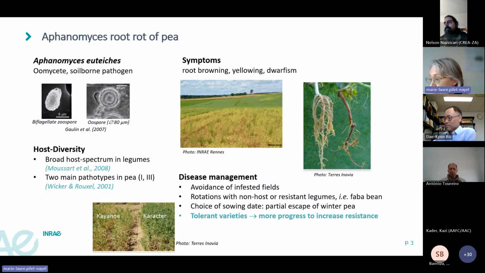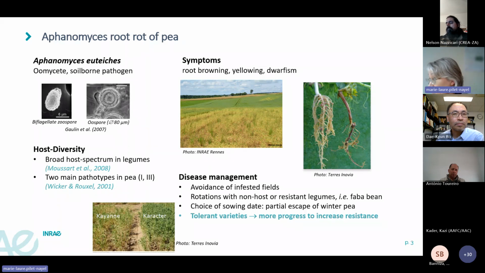We have a paper just submitted, and we found some QTLs, but they still need to be confirmed, and there are no major genes. And these QTLs in faba bean do not seem to be syntenic to QTLs found in pea. So it's not very well known up to date, the genetic determinism in faba bean.